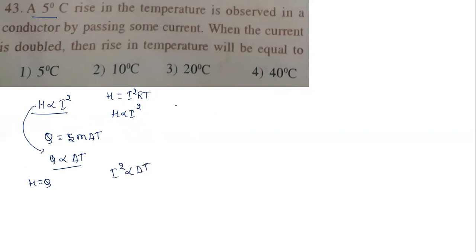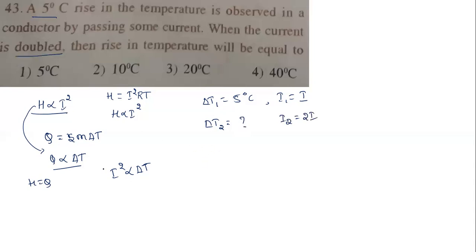Now initially, let delta T1 be 5 degrees Celsius, and let current I1 be I. We need to find delta T2, which is not given to us. The current becomes 2 times I, since current is doubled.